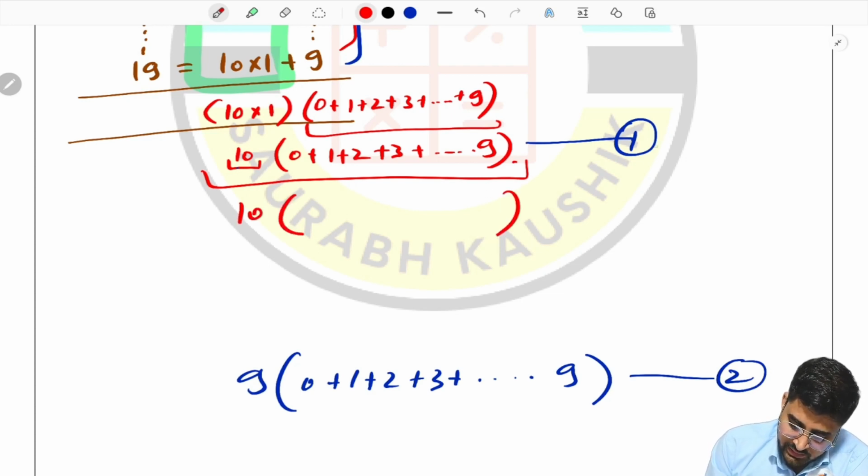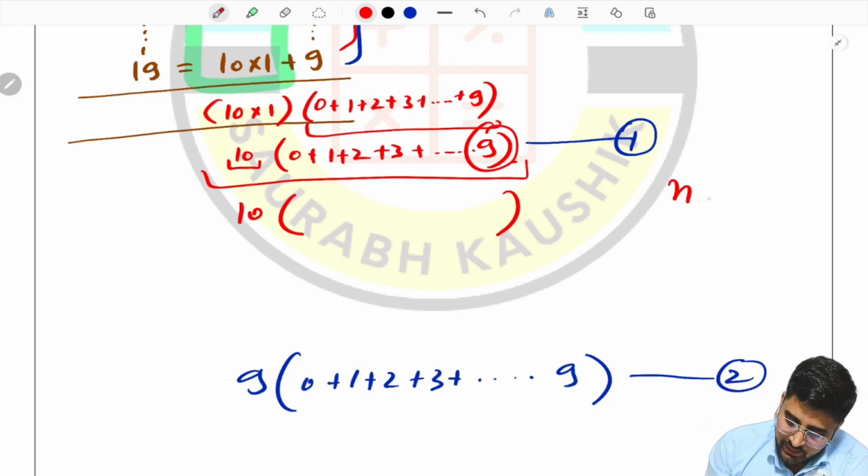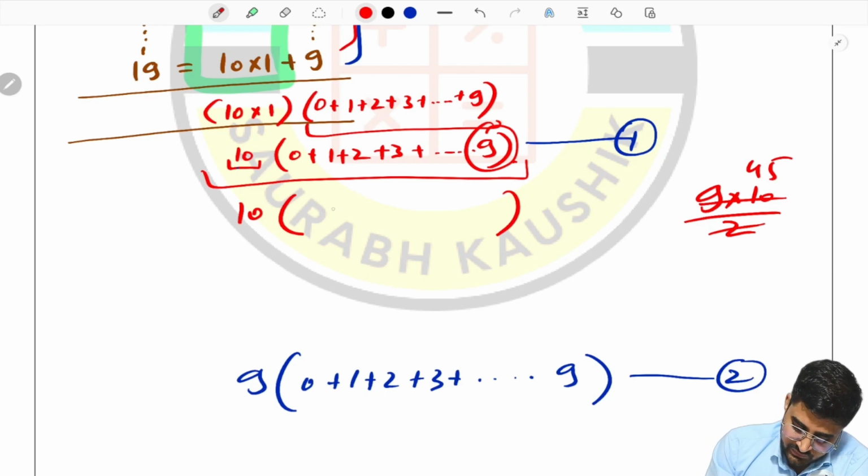We have studied that if you write the next term, means n into n plus 1 divided by 2, you will get the sum of these numbers. I think you remember that. So this becomes 45. 10 into 45, very well, 450.